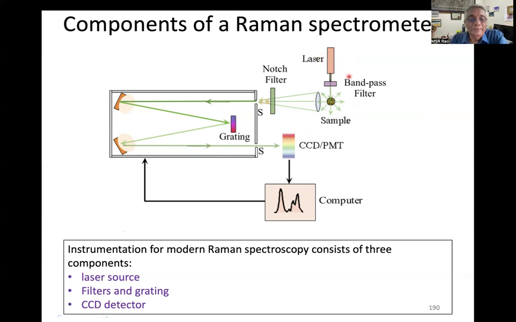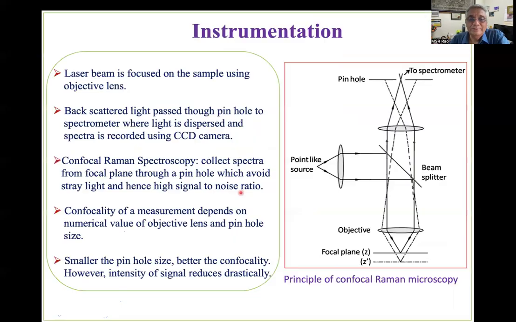I can also use multiple lasers, starting with one excitation first and then going for second, third, and fourth lambda values. So you need laser sources, filters, gratings, and CCD detectors.